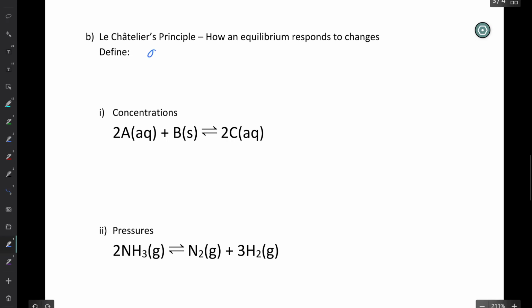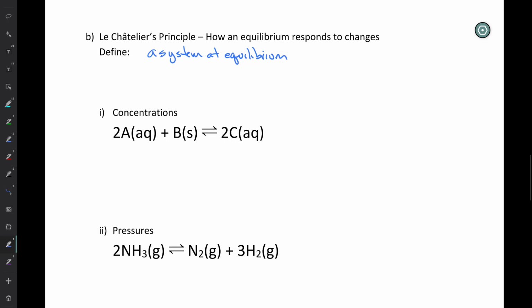A system at equilibrium. So we're talking about a chemical reaction that's taken place, products have formed, reactants are starting to form now, and that has reached that position where the forward rate and the reverse rate are the same. So we're at equilibrium. Okay.